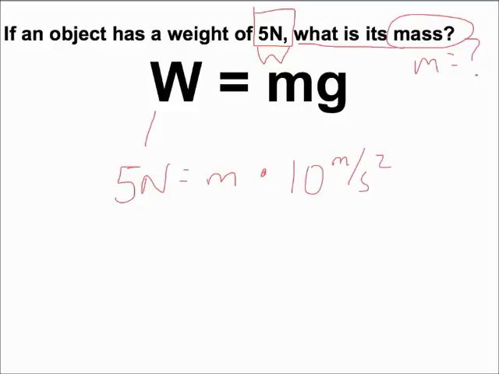So if we go ahead and put all of that together, I'm going to throw out the units for right now just to make this a little bit easier to look at. And then if we divide both sides by 10, what we'd get is 0.5 equals m. And remember, m stands for mass, so our units should be kilograms.